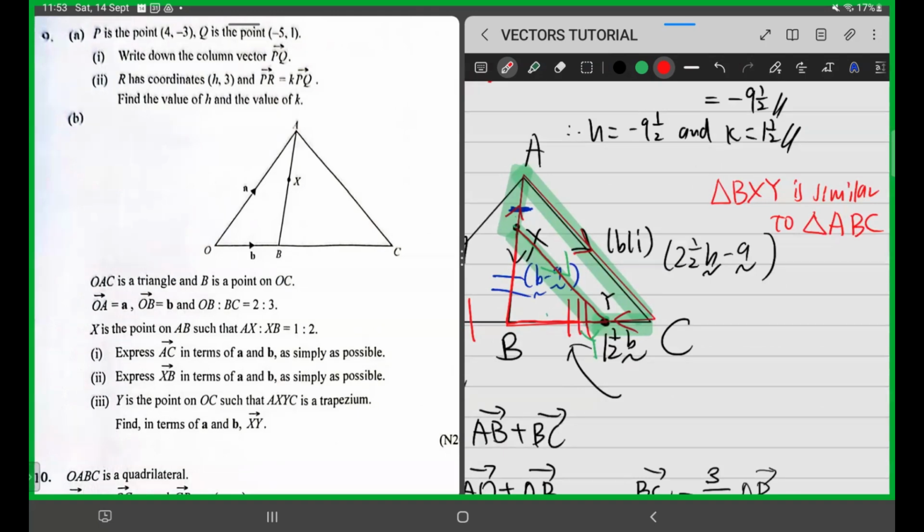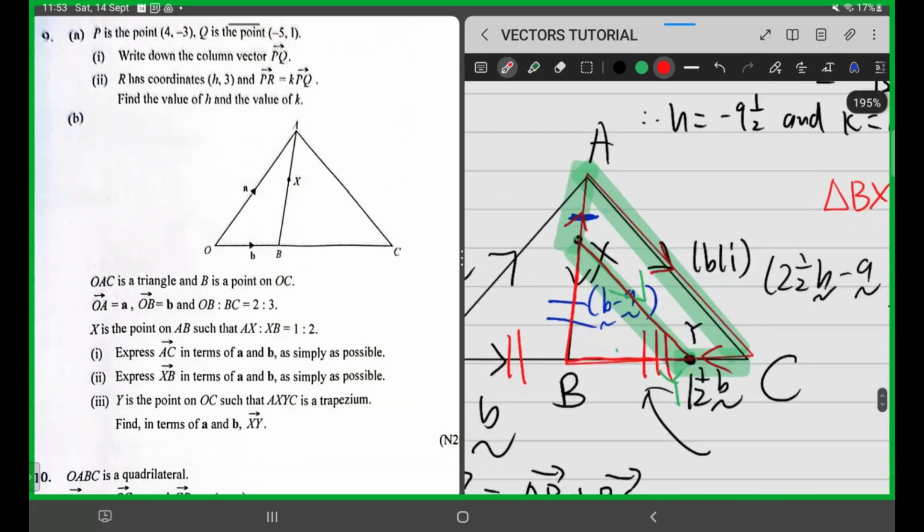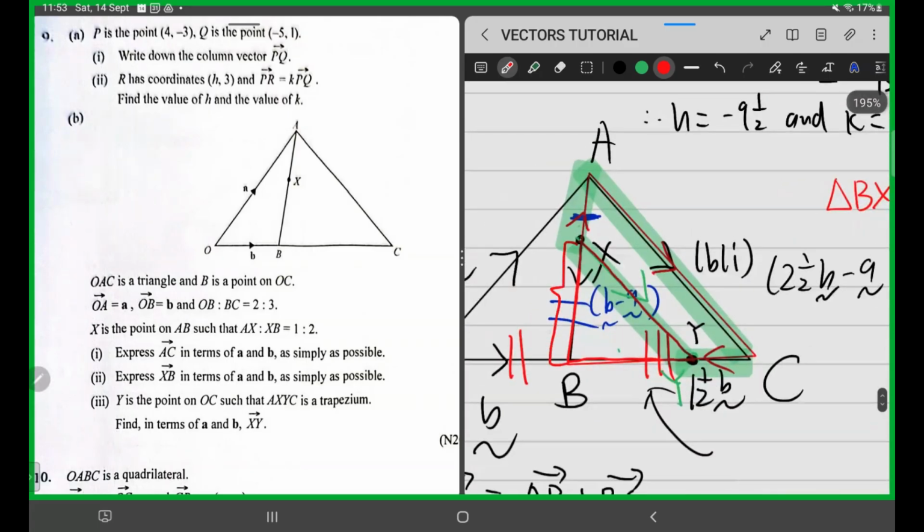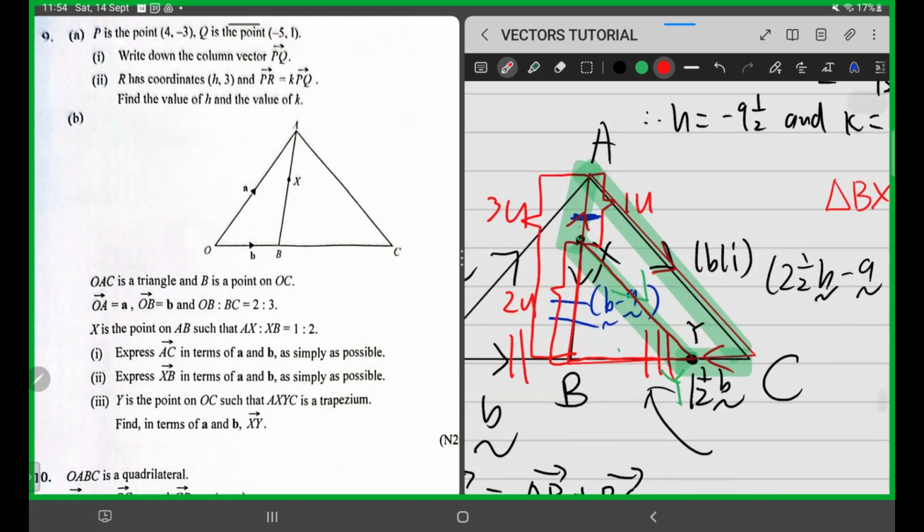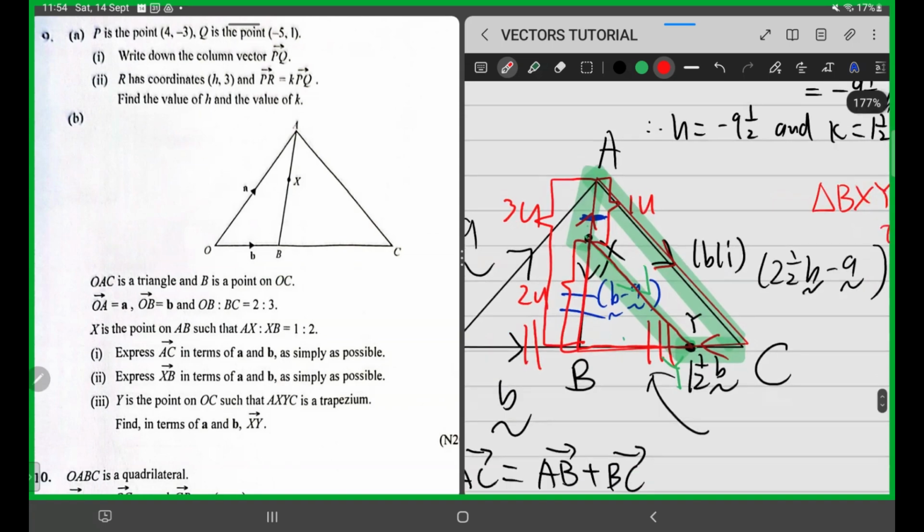So by similar triangles, you can use the property that the ratio of corresponding sides are equal. So that means here is 2 units, and this whole thing over here is 3 units. So that makes this over here 1 unit, right? The 1 unit is not very important, but you can tell.